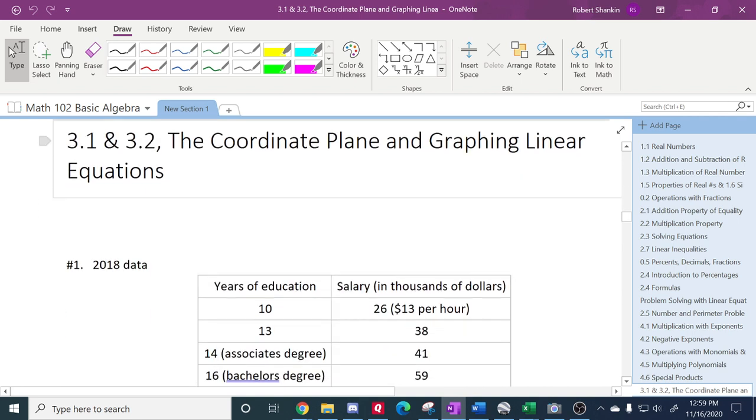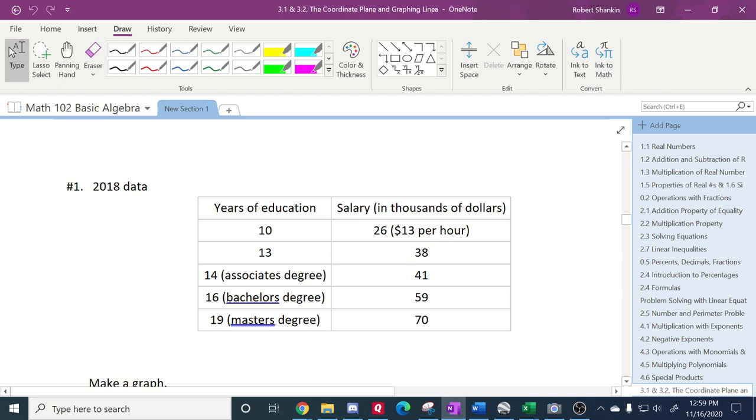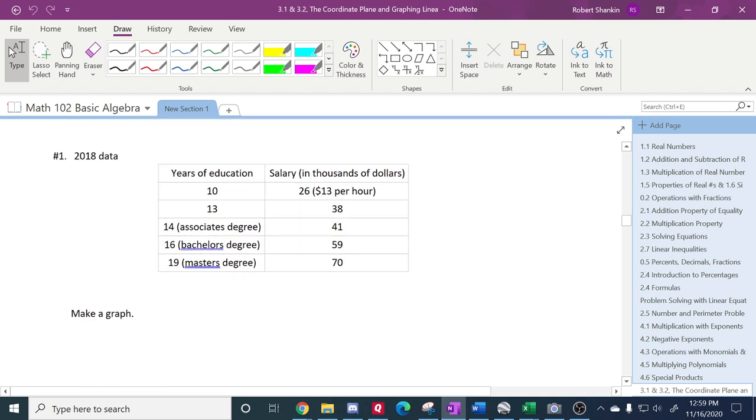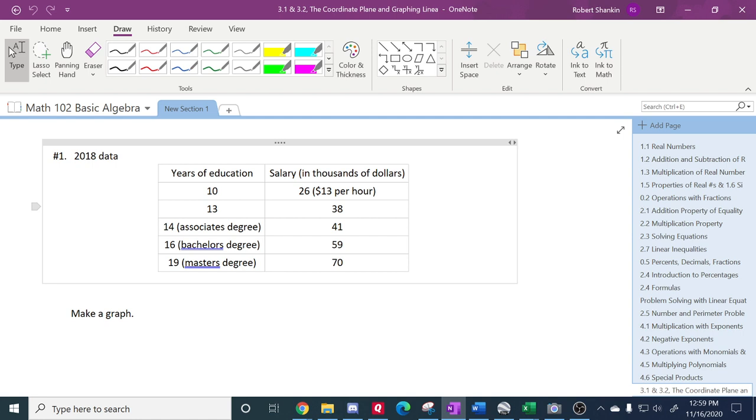All right, and we're going to start out with this problem, and this is data from 2018, and there's a little table here. Years of education. Now, 13 years of education is actually getting a high school degree, because you have kindergarten and then grades 1 through 12.